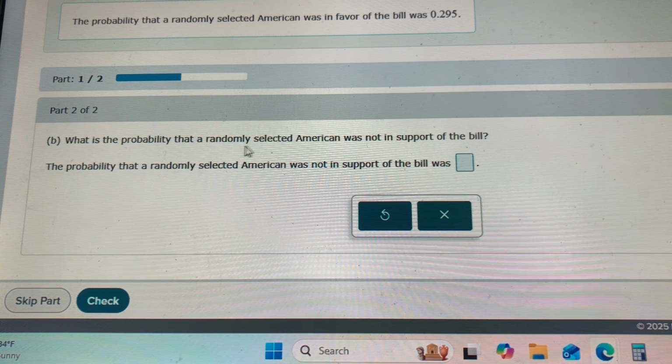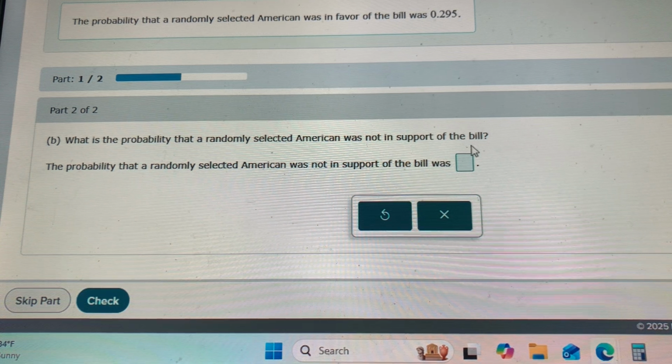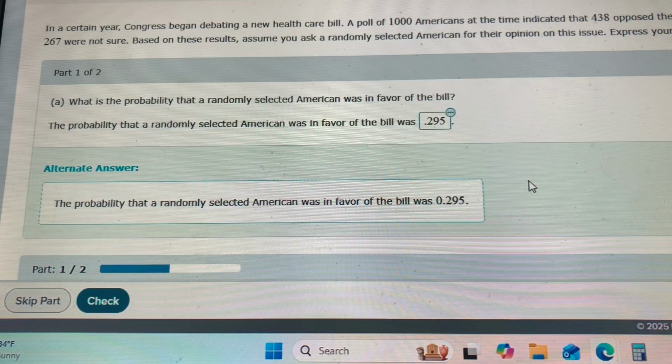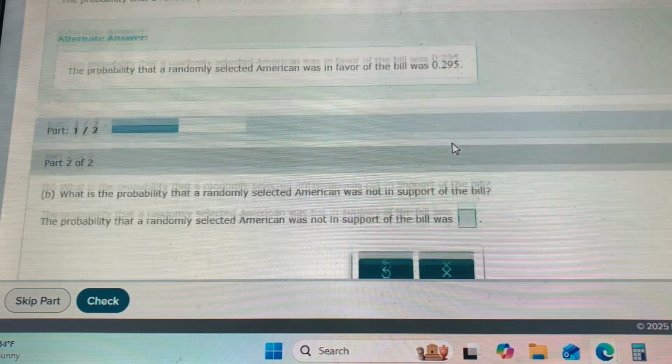What is the probability a randomly selected American was not in support of the bill? You would not be in support of the bill if you were against it or if you had no opinion of it. So you can either add those two together, or you could do 1 minus the part 1 answer. The part 2 answer is literally the complement of the part 1 answer.